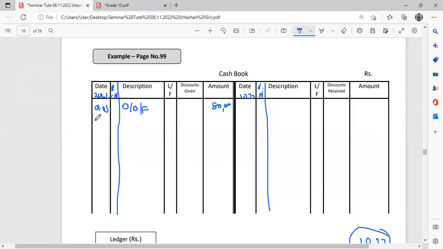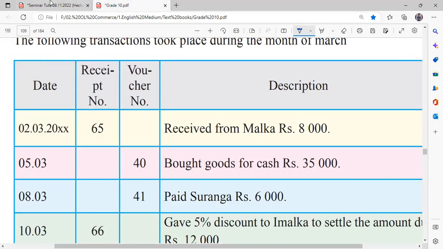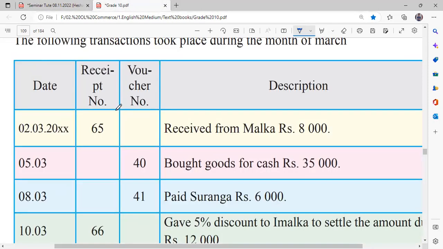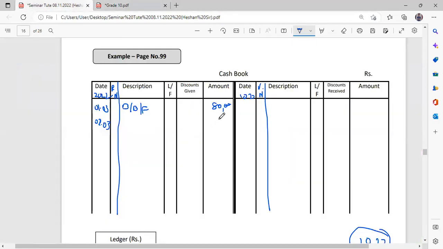So on March 2nd, we received 8,000 from debtor Malka, receipt number 65, no discount.